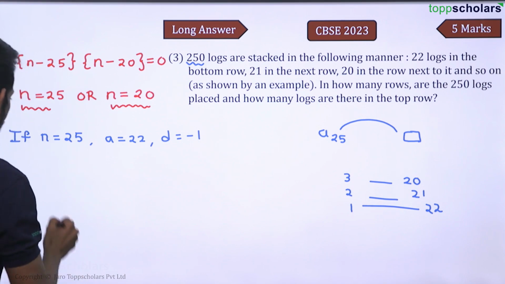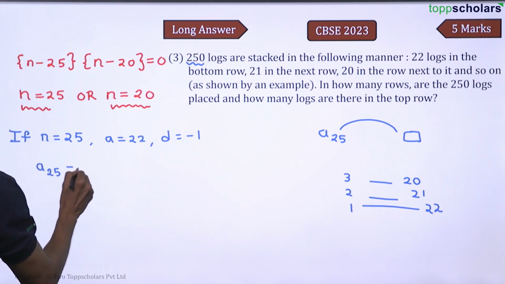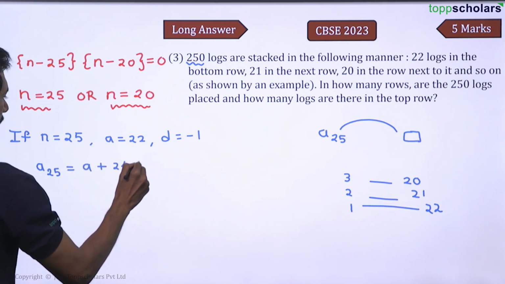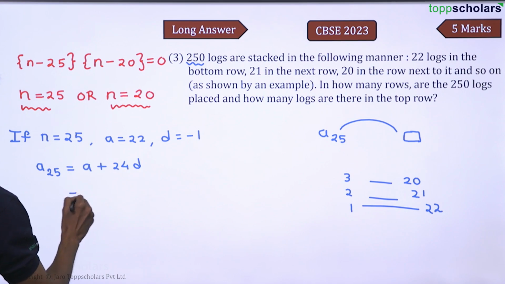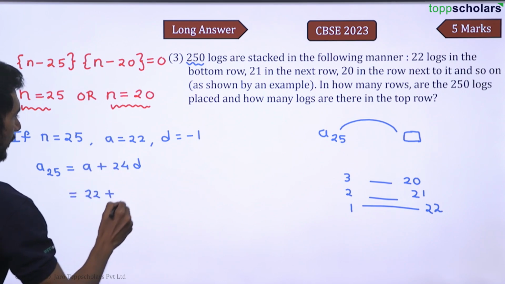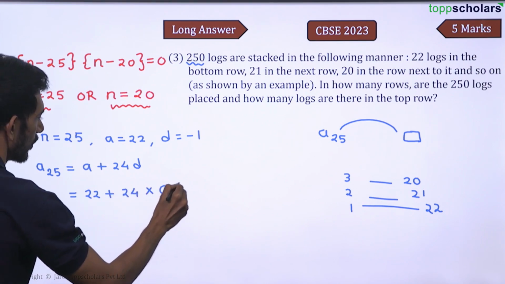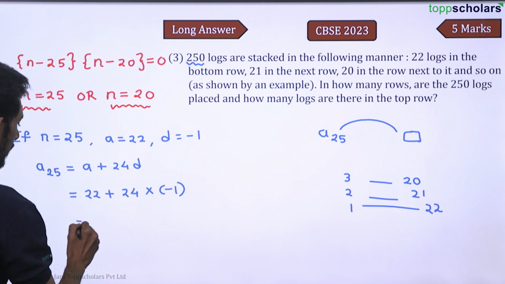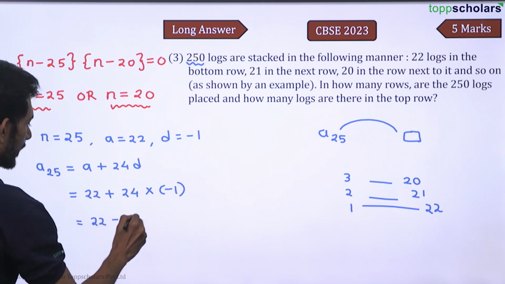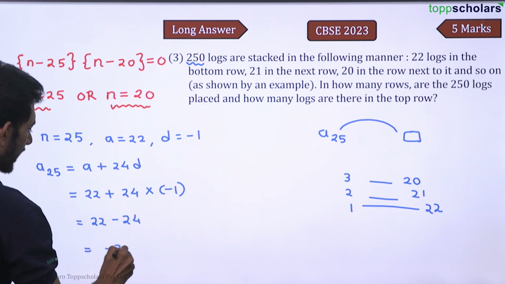What will be A25? A25 will be A plus 24D, that is equal to 22 plus 24 into minus 1, that is equal to 22 minus 24. How much is 22 minus 24? It is minus 2.